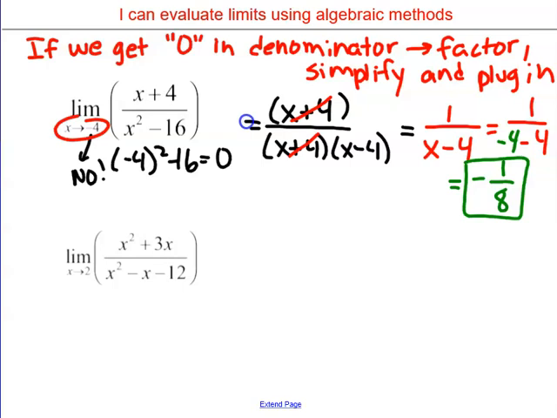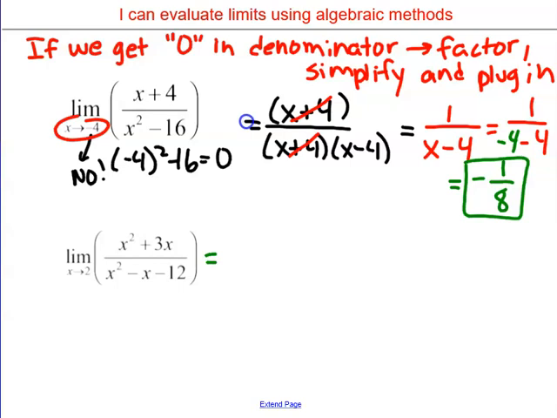So if you plug in a number and you get 0 in the denominator, try to factor it, simplify it, and then plug it in. So in this case, if x approached negative 4, the function would approach a limit of negative 1/8. In the case we did on the last slide, there was nothing we could do. But in this case, we were able to factor it.